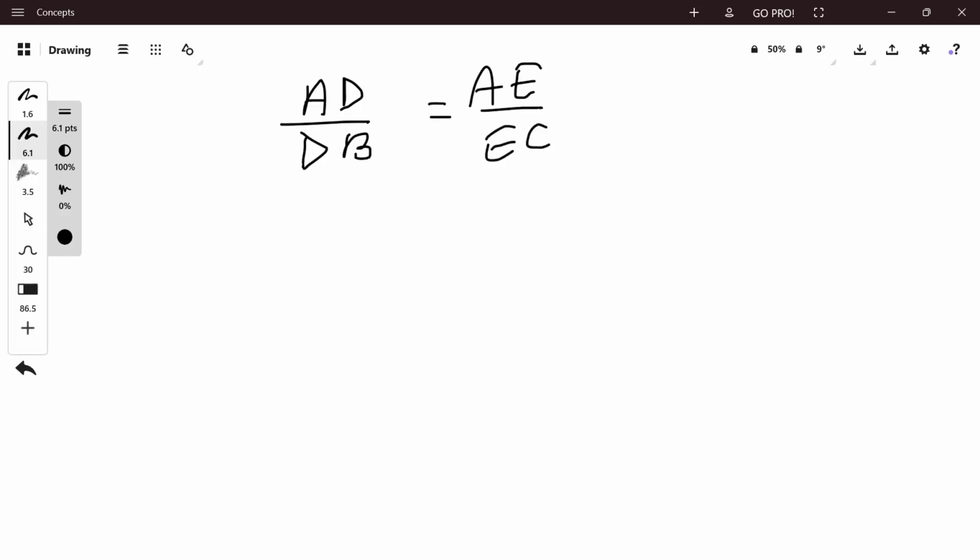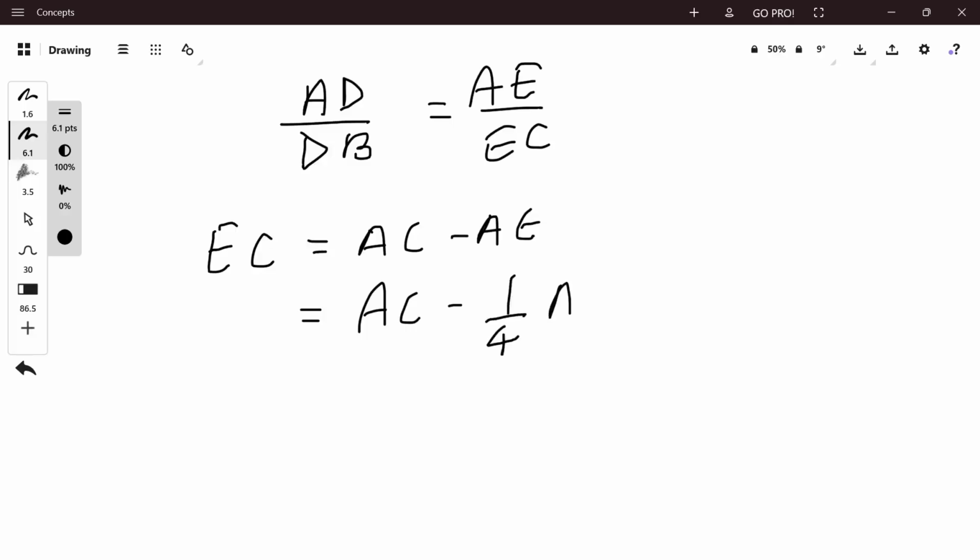Given AE is equal to 1 by 4 AC, which means AE is one part and EC is 3 parts of the total AC. So, EC is equal to AC minus AE, which is equal to AC minus 1 by 4 AC, which is equal to 3 by 4 AC.